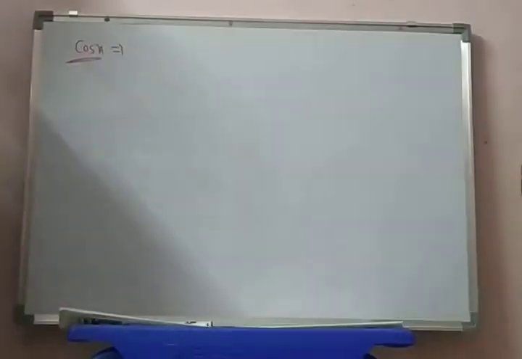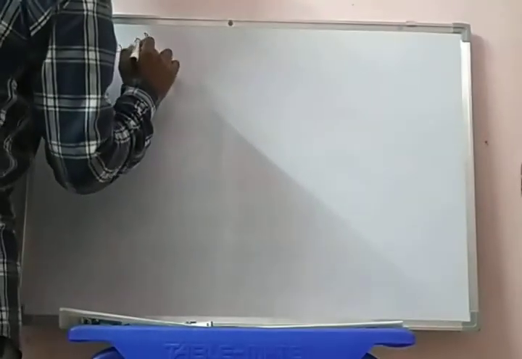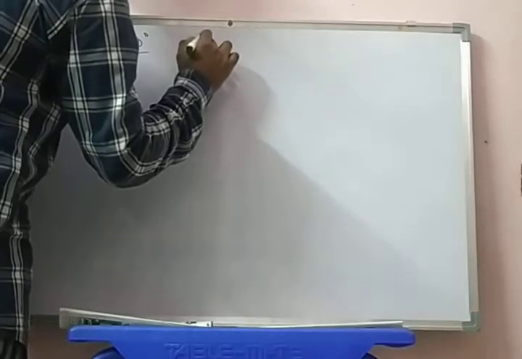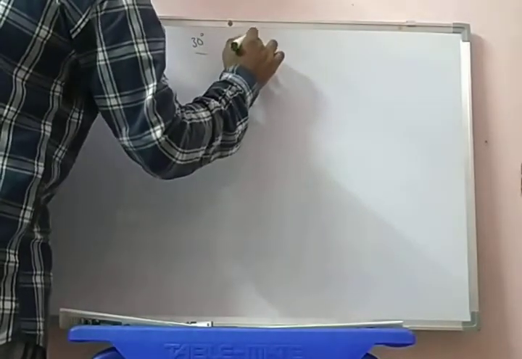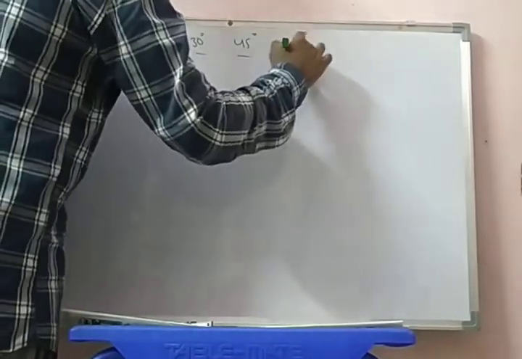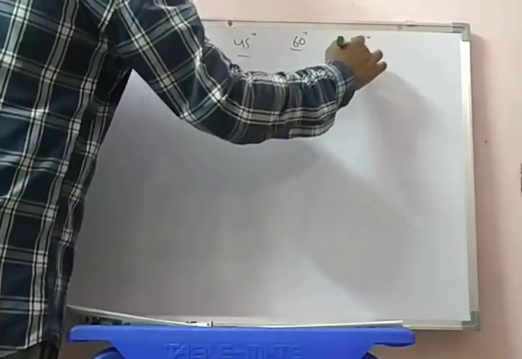Now for cos x also we are going to derive the graph. Let's write some values: 0 degrees, 30 degrees, 45 degrees, 60 degrees and 90 degrees.